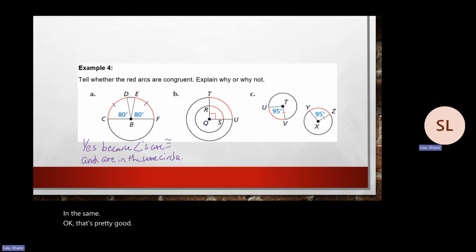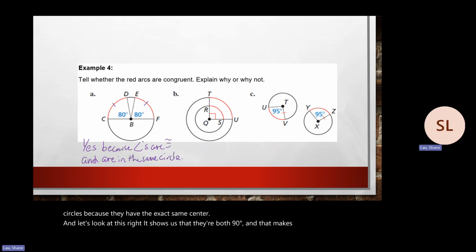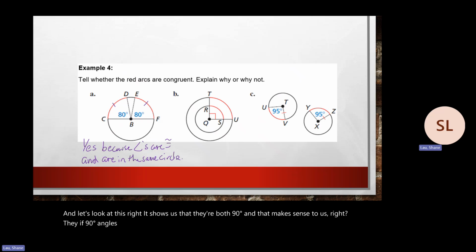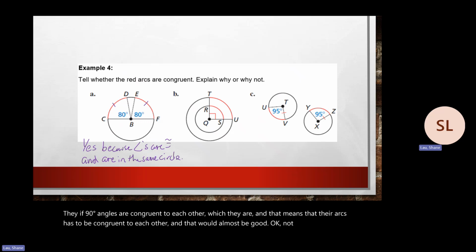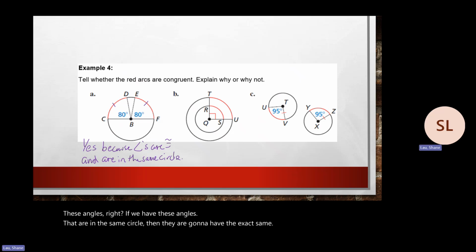The second one here, we have a circle inside of another circle, and actually these are concentric circles because they have the exact same center. And let's look at this. It shows us that they're both 90 degrees, and that makes sense to us. If 90-degree angles are congruent to each other, which they are, then that means that their arcs have to be congruent to each other. And that would almost be good, okay? Not quite here, not quite. Remember that if we have these angles that are in the same circle, then they are going to have the exact same arc length.